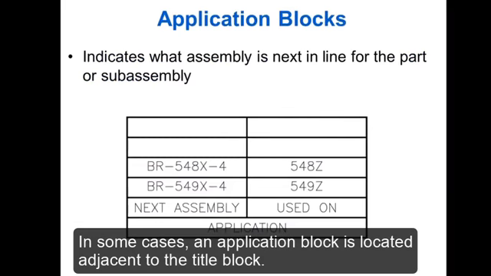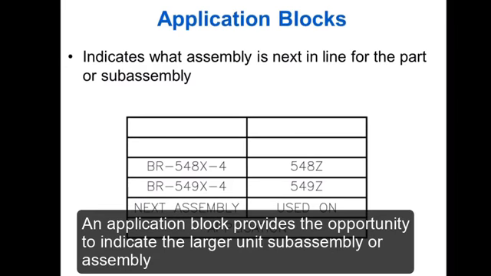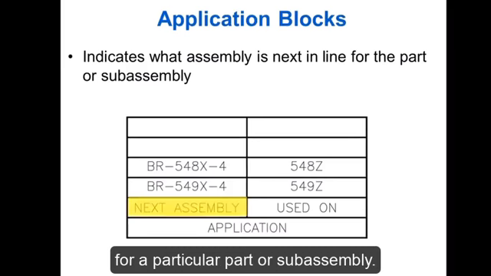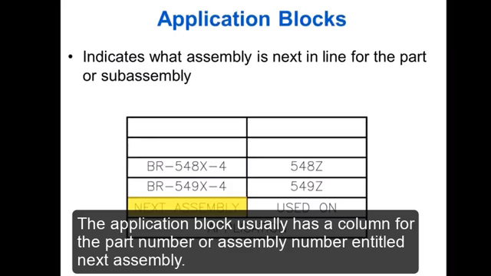In some cases, an application block is located adjacent to the title block. An application block provides the opportunity to indicate the larger unit, subassembly, or assembly for a particular part or subassembly. The application block usually has a column for the part number or assembly number entitled Next Assembly.